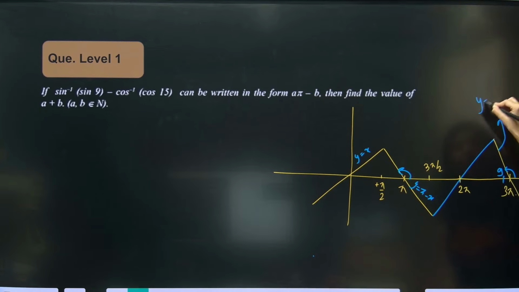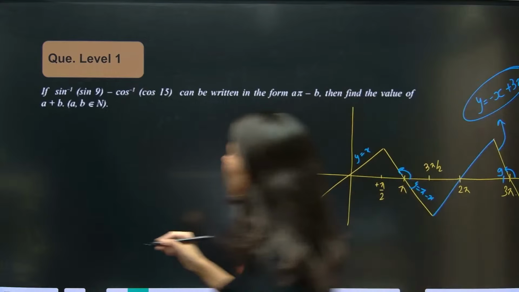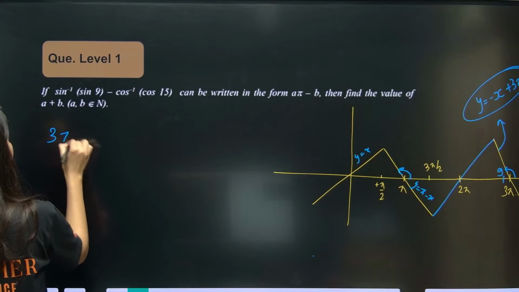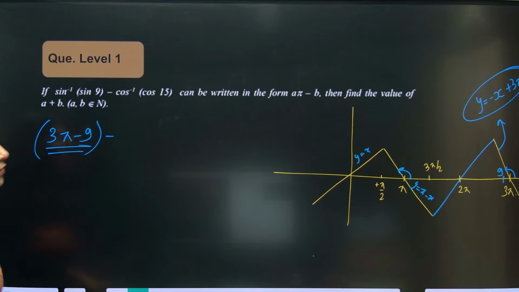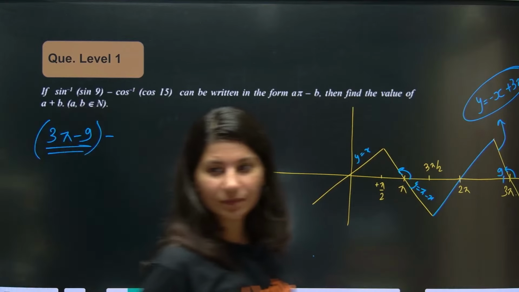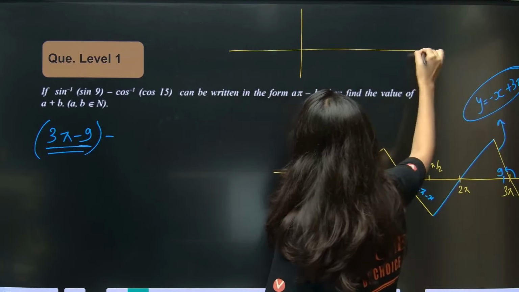So y is equal to minus x, and it will intersect the y axis at 3 pi. Minus x plus 3 pi. So minus 3 pi minus 9 basically. Minus cos inverse cos 15. Cos inverse cos 15. So now draw the graph.